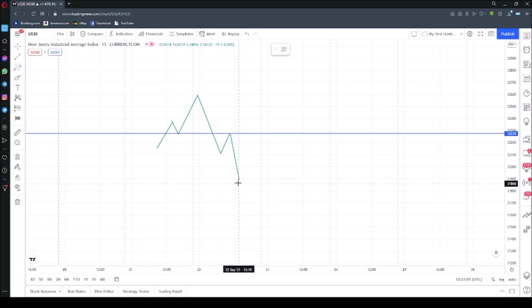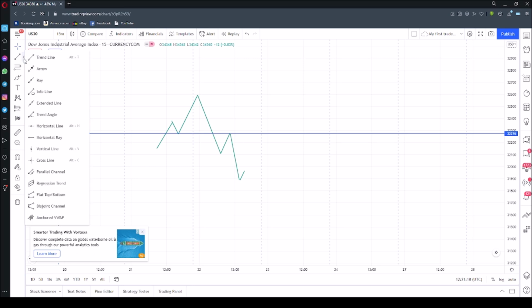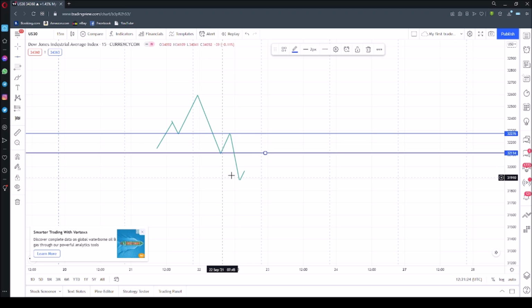So if the market creates a lower high and a lower low, our assumption will be that we are going to have a lower high for us to continue with the trend. This lower high is anticipated to occur at the first lower low, right?